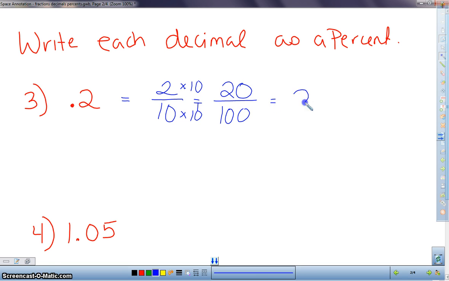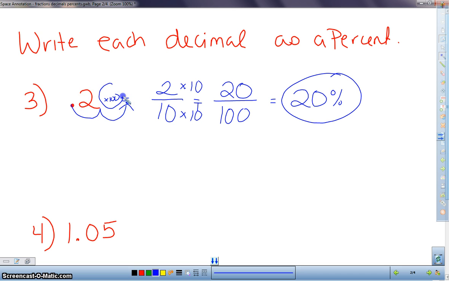This represents 20%. Another way to think of it is that when you change a decimal to a percent, you're kind of multiplying by 100. So when I multiply this by 100, I'm moving the decimal back 2 places. Here's my new decimal, and I'm going to put my 0 in here to get the 20% as well.